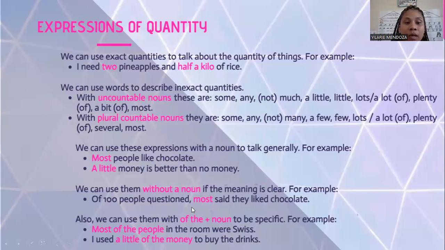Also, we use them with of plus the plus noun to be specific. Example, most of the people in the room were students. I used a little of the money to buy the drink.